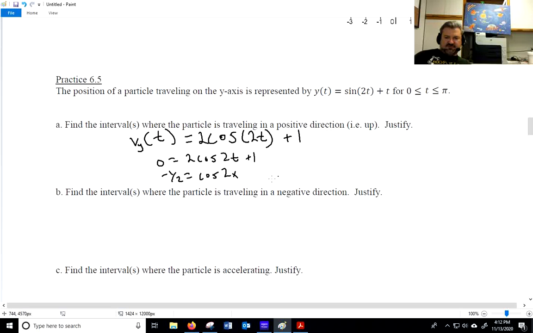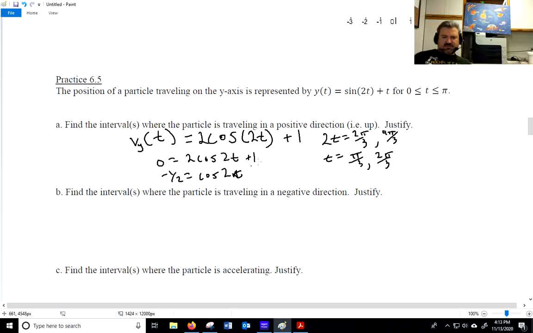Let's see here. When is cosine equal to -1/2? Well, that's going to be when the angle is 2 pi over 3 and 4 pi over 3. But that's 2t, so I have to divide those by 2, and I get pi over 3 and 2 pi over 3.